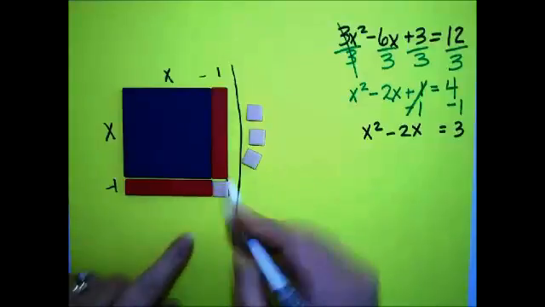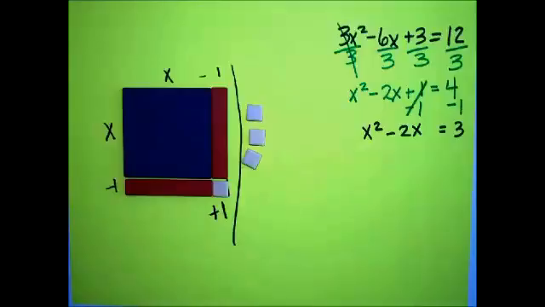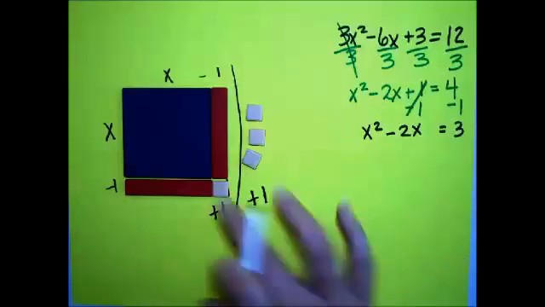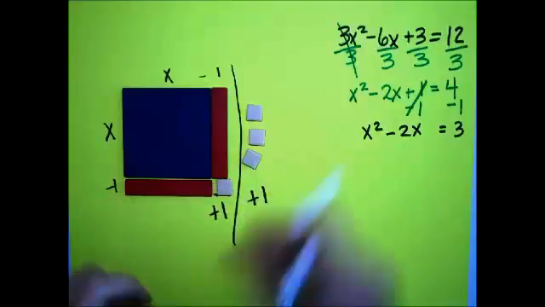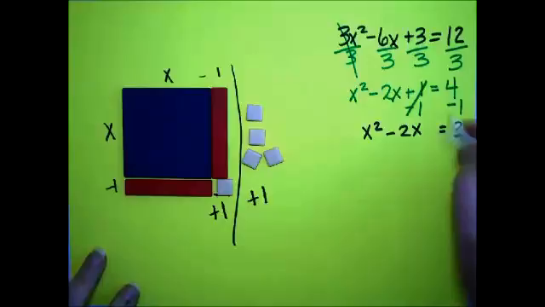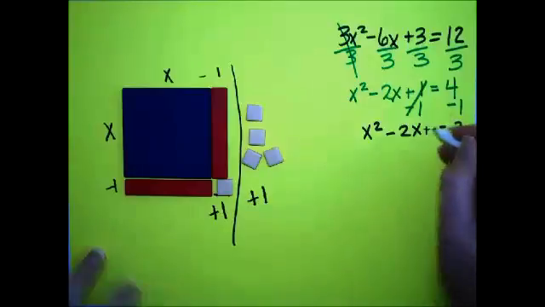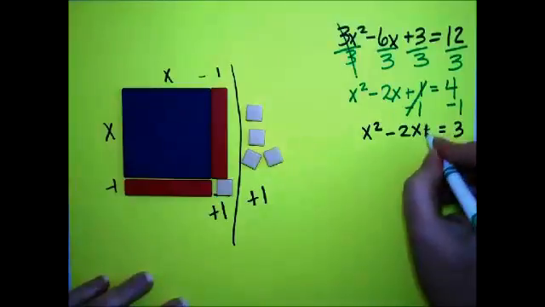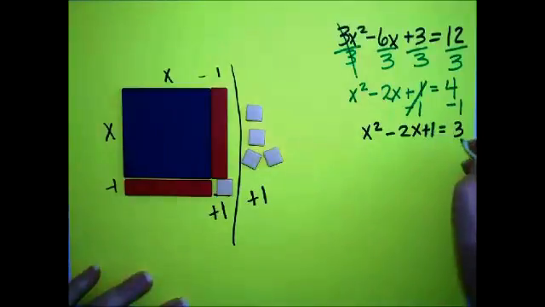And of course, if we add 1 to that side, what do we have to do to the other? Of course, we're adding 1 to that side as well. So algebraically, we want to make sure we write that as well. So I'm going to put a plus 1 here. Tell you what, let's change color so we know what we did. Plus 1. Oh, running out of room. Plus 1.